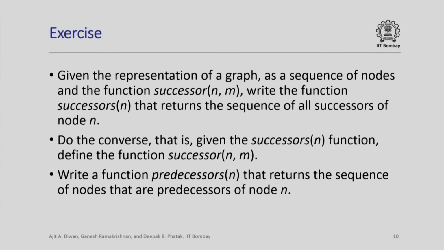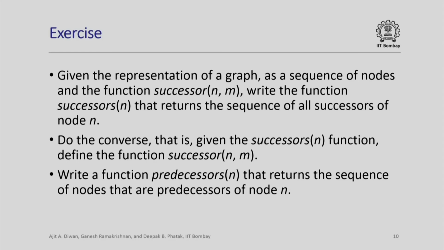So, here are some exercises. Assume you are given the representation of a graph as a sequence of nodes and a function successor n m, which tells us whether m is a successor of n or not. Using this, we can write a function successors n that returns the sequence of all successors of a node n, and we can also do the converse.